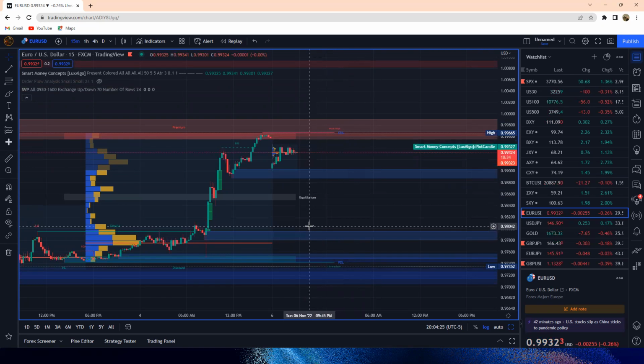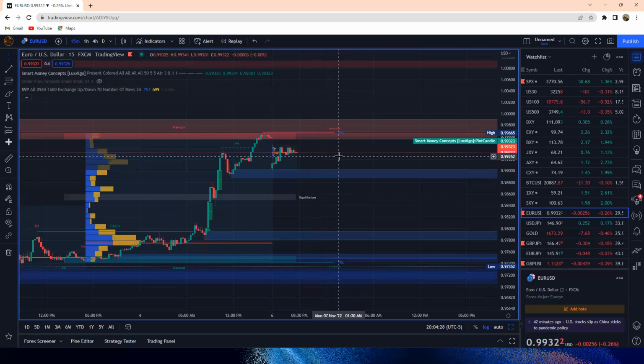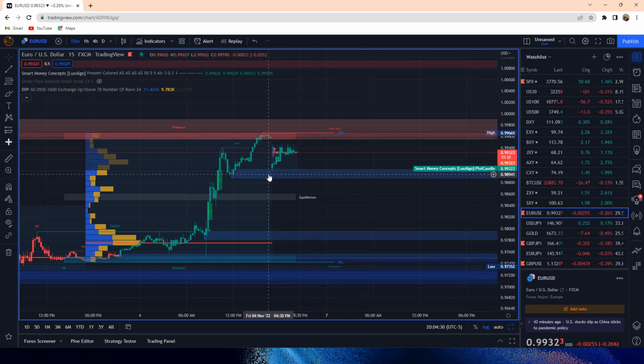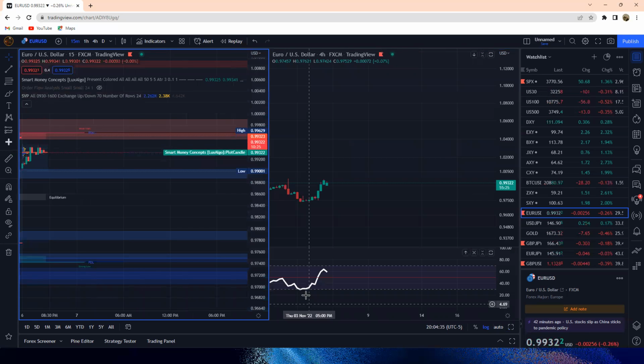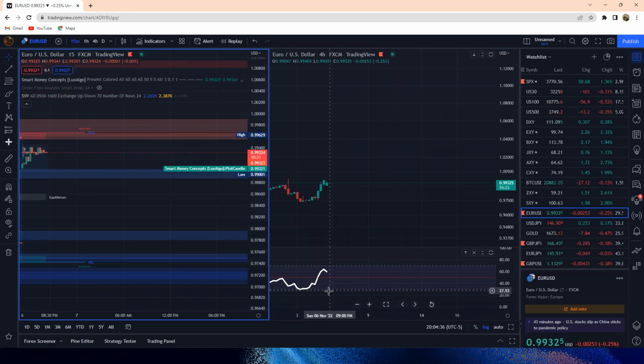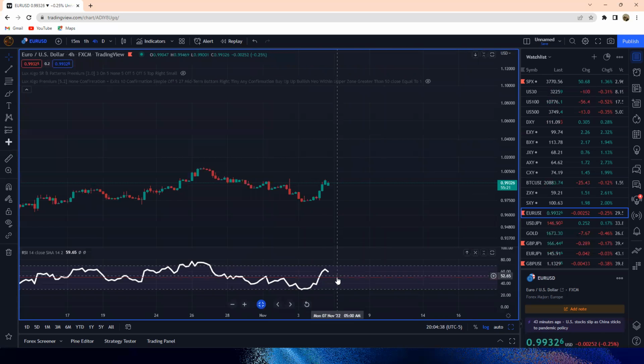So yeah, honestly, for Euro USD this week, just looking at the RSI and everything, we're more than likely going to be bullish. Just pay attention to what the market is doing. We want to pay attention to the market and the dollar alike.